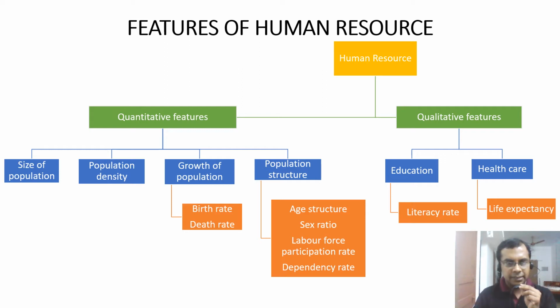The structure of population includes the age structure, sex ratio, labor force participation rate and dependency rate. Now if you go through the qualitative features, it can be broadly divided into education and healthcare divisions. Education means the literacy rate of the people, and healthcare mainly deals with the life expectancy of the people.